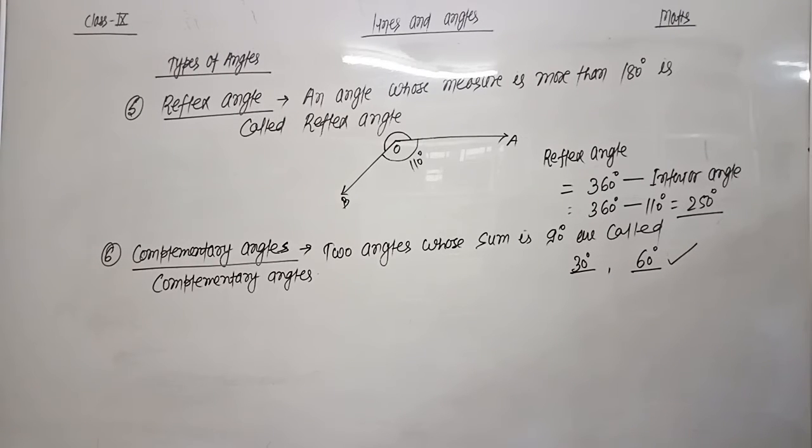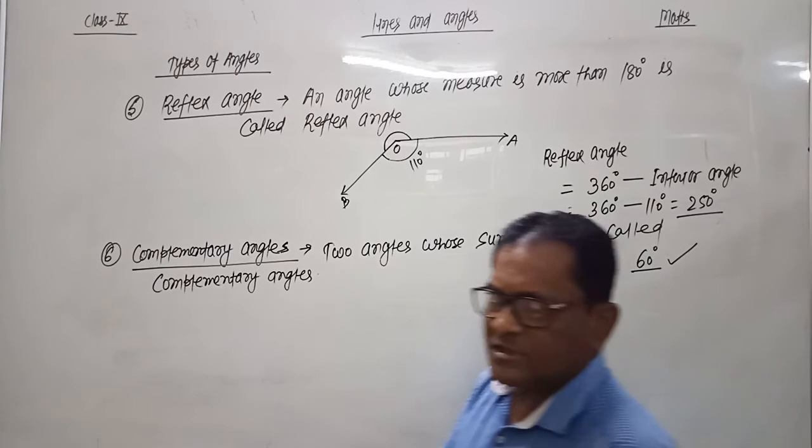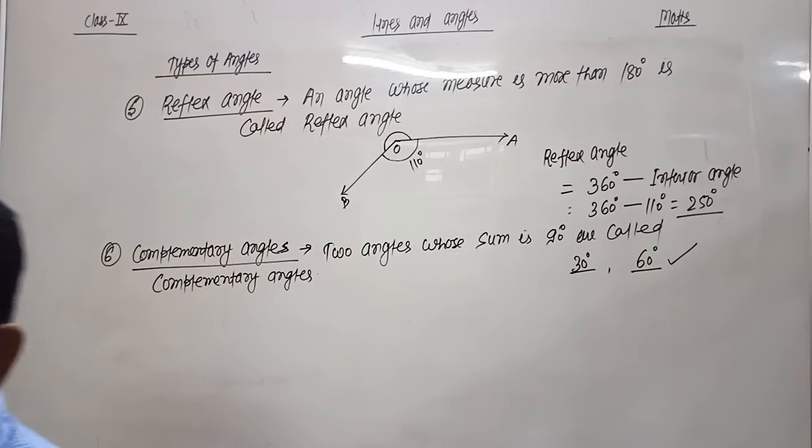If one angle is given as 75 degree, you subtract 75 degree from 90 degree, because the sum of two complementary angles is 90 degree.